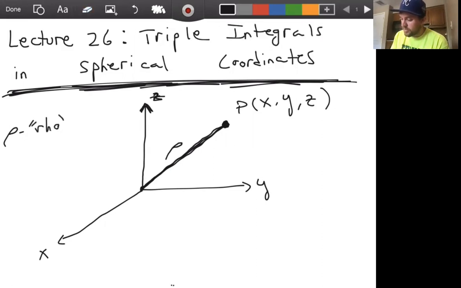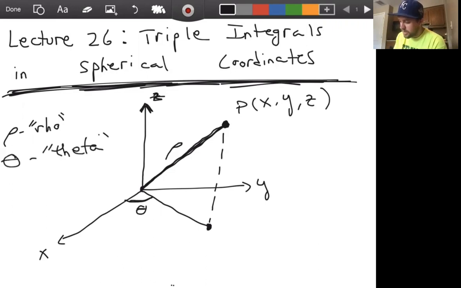We also have, if you think of this point as being projected either above or below the XY plane, well, then again, this has some angle theta from the positive x-axis, right? And so we have theta, which we're very familiar with, the Greek letter theta.